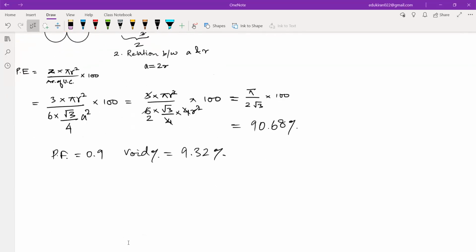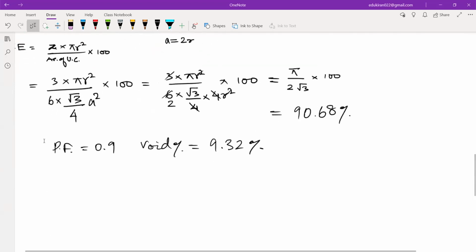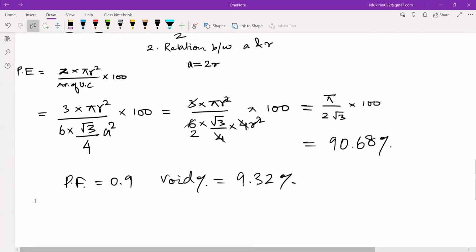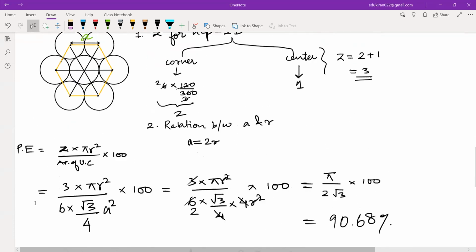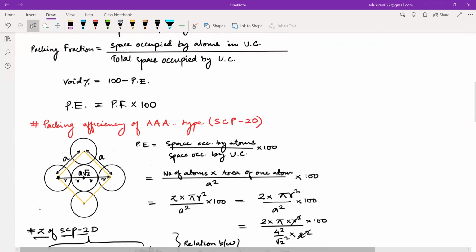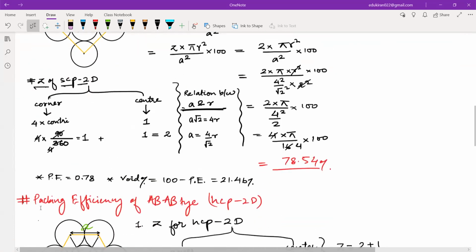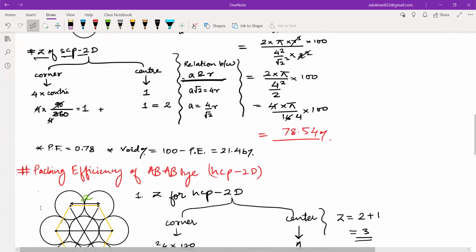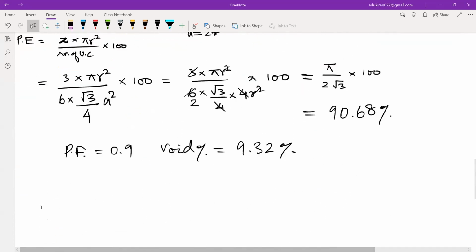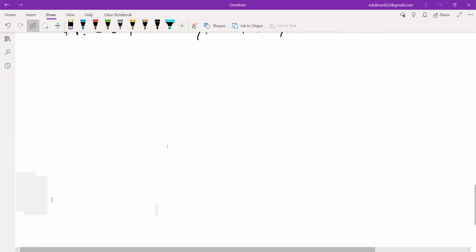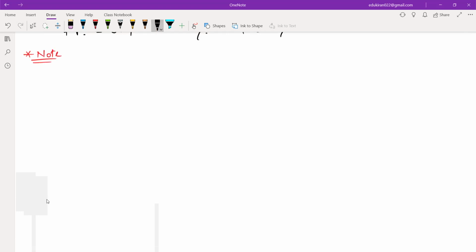Okay. So which is a better solid? AB type or AA type? Tell me. So AB type is better solid, right? Write this down with me.